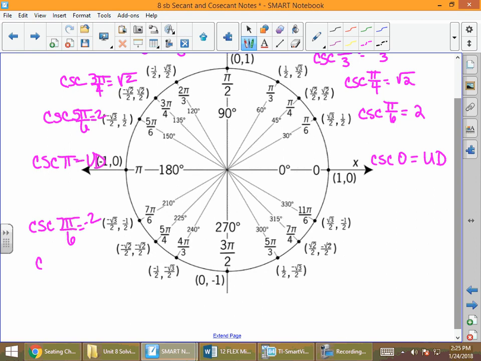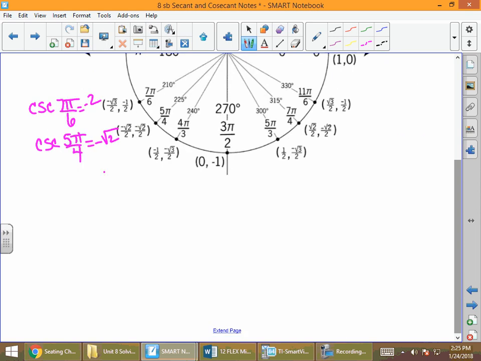When we take the cosecant of 5 pi over 4, we're going to take the reciprocal of negative the square root of 2 over 2, which is going to give us negative the square root of 2. And cosecant of 4 pi over 3 is going to be the reciprocal of negative the square root of 3 over 2. When we simplify that, we're going to get negative 2 radical 3 over 3.